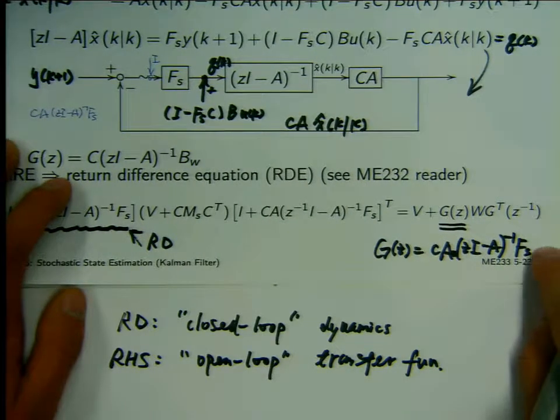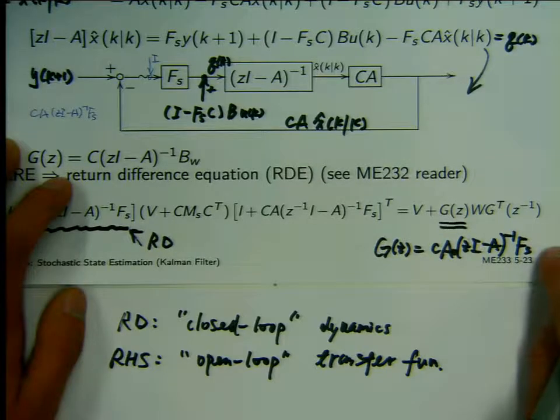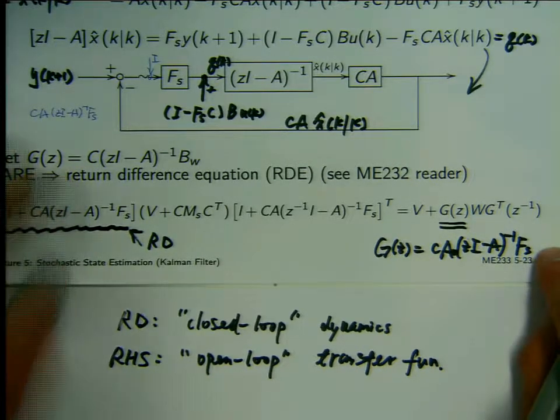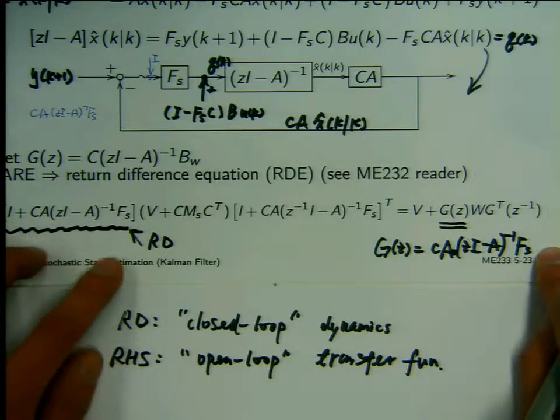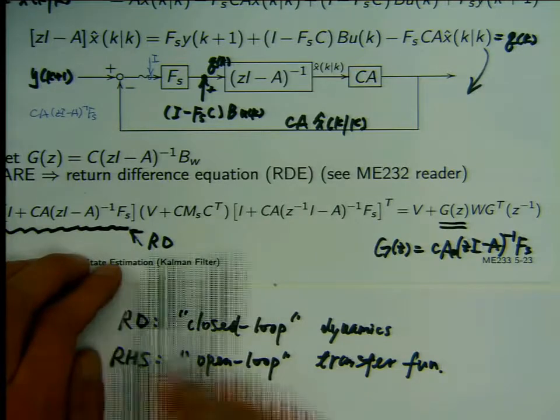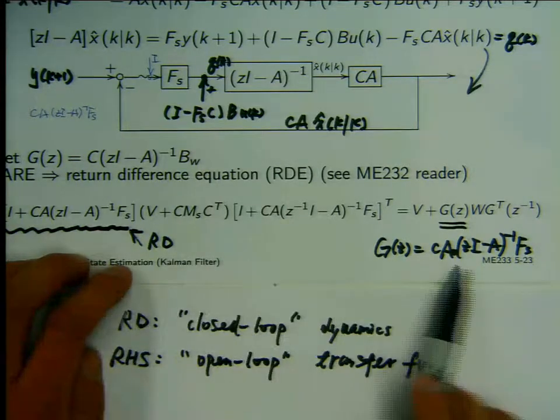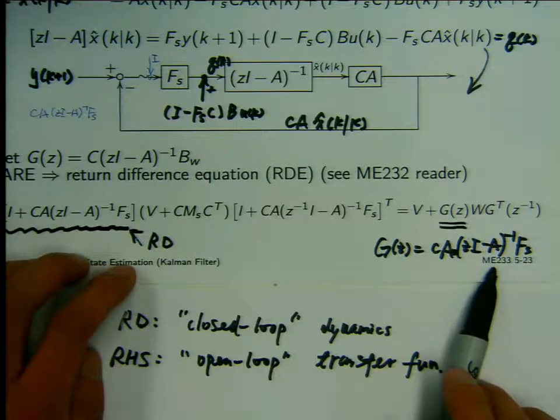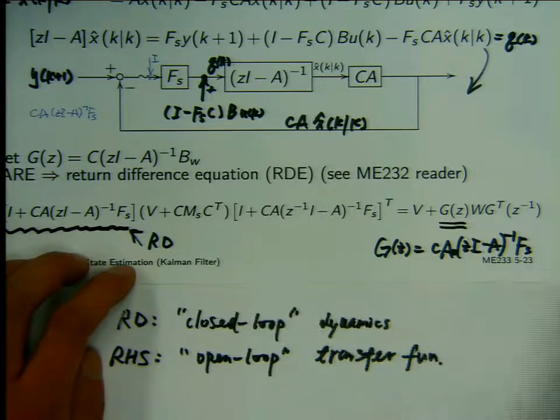Everyone sees that? The return difference is telling us how the closed loop dynamics and the open loop transfer function are connected. Nothing else.